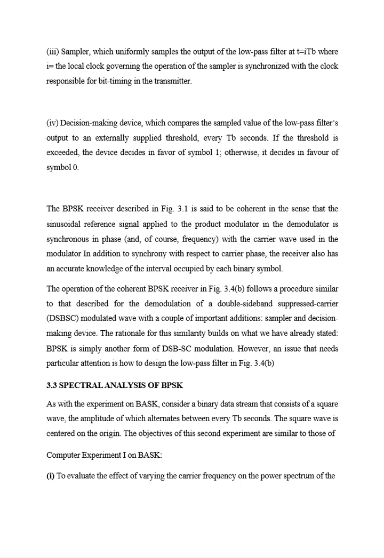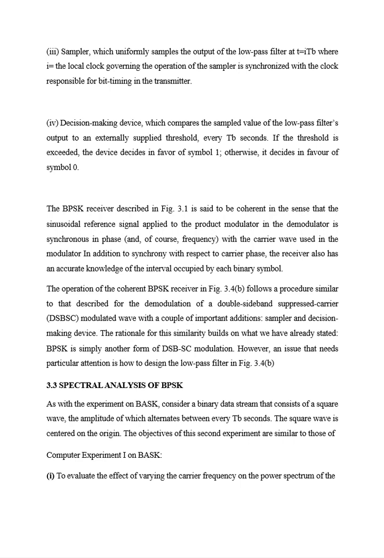The threshold value is a preset value within the system. When the signal from the sampler circuit is given to the decision device, the incoming signal and the threshold are compared, and if the signal amplitude is greater than the threshold value, the decision is made in favor of symbol 1, else in favor of symbol 0.